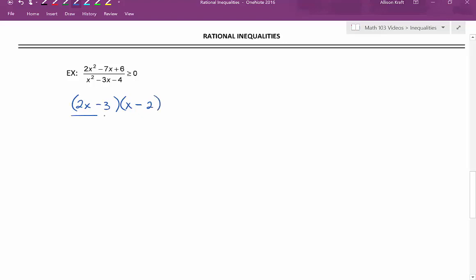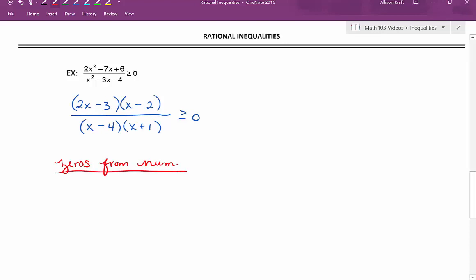Our numerator factors into 2x minus 3 times x minus 2, and our denominator factors into x minus 4 times x plus 1. Finding the zeros from the numerator, we set each one of those factors equal to 0 and solve.